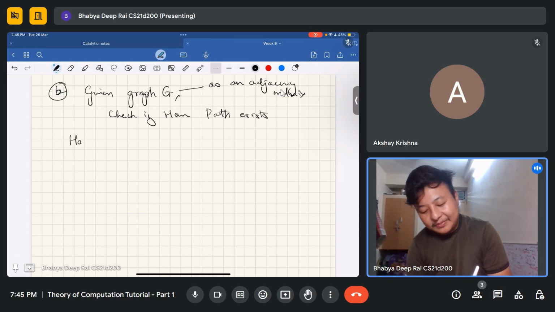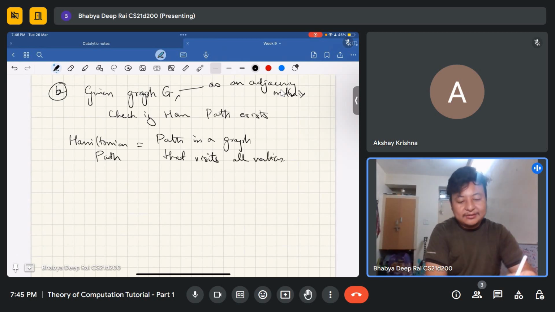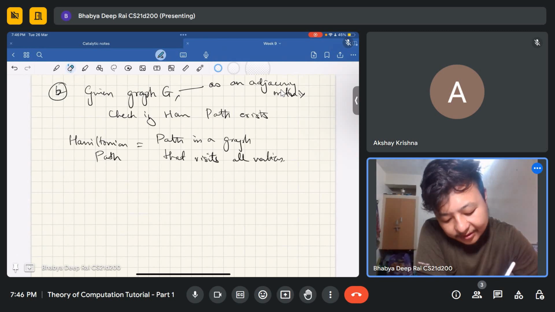What is meant by Hamiltonian path? Hamiltonian path is a path in a graph that visits all vertices. So having such a path is not always known.